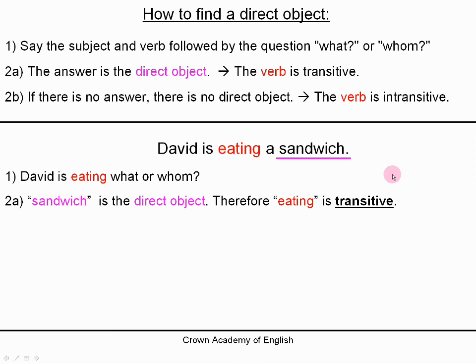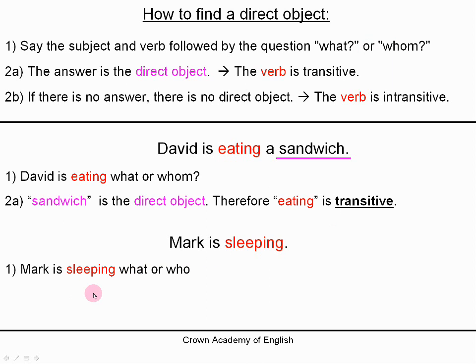Now the second example, Mark is sleeping. Again, let's ask our question. Say the subject and verb followed by the question what or whom. Mark is sleeping what? Or Mark is sleeping whom? Well, there's no answer, is there?